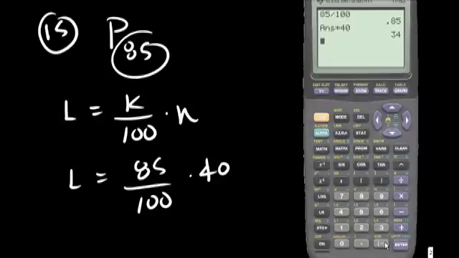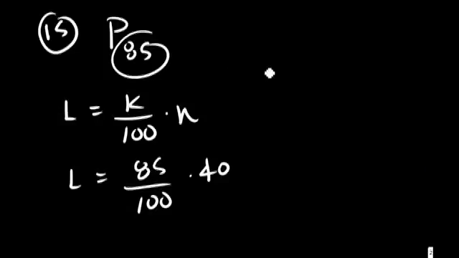The locator answer is 34. This is a whole number. So what we need to determine is the 34th and 35th data value in the sorted list.